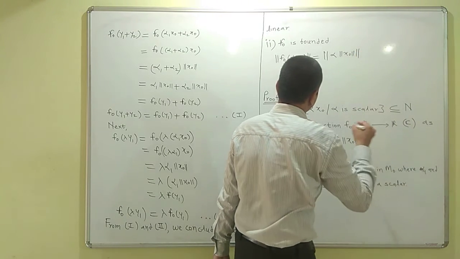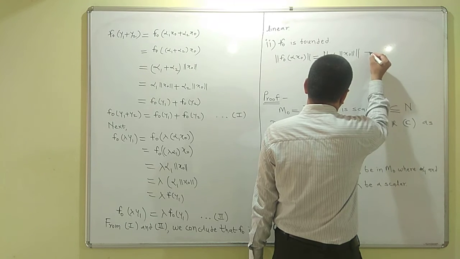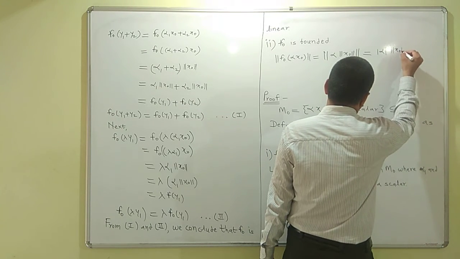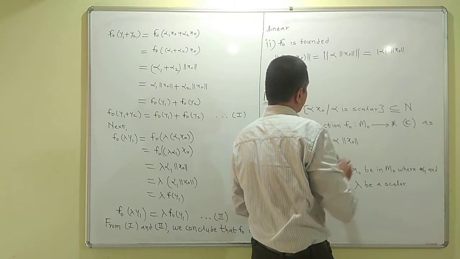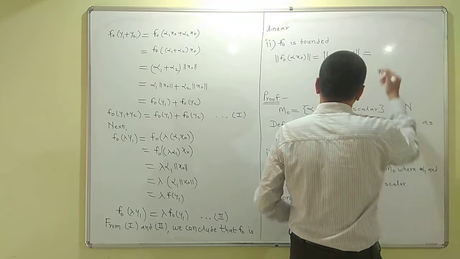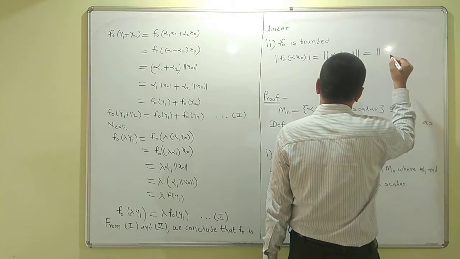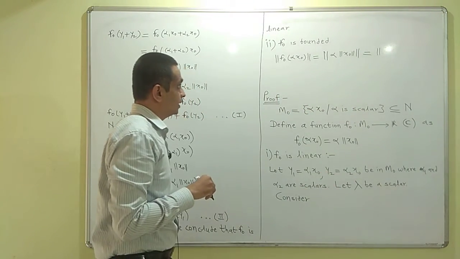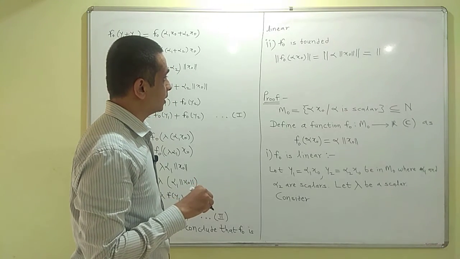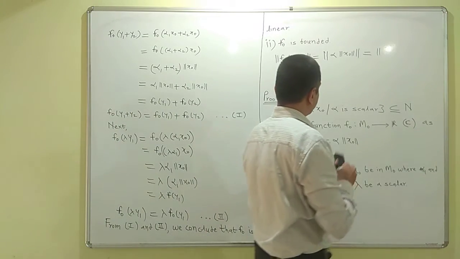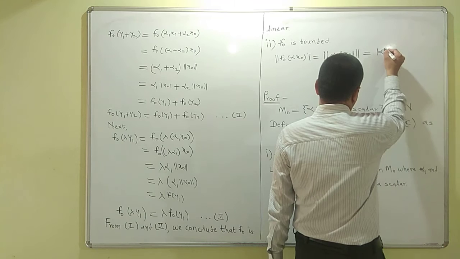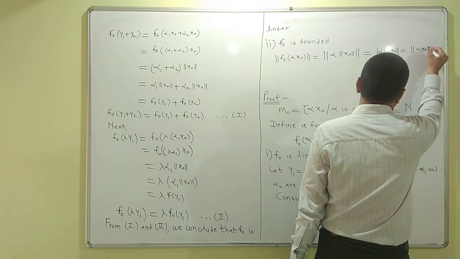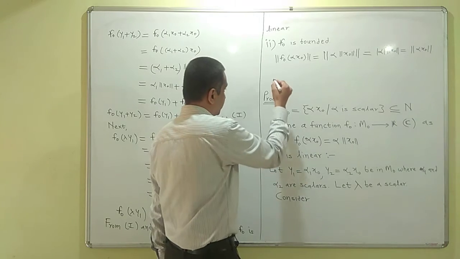I could write it as mod alpha times norm of x0, and that I could write as norm of alpha x0. So carefully observe what we are writing.